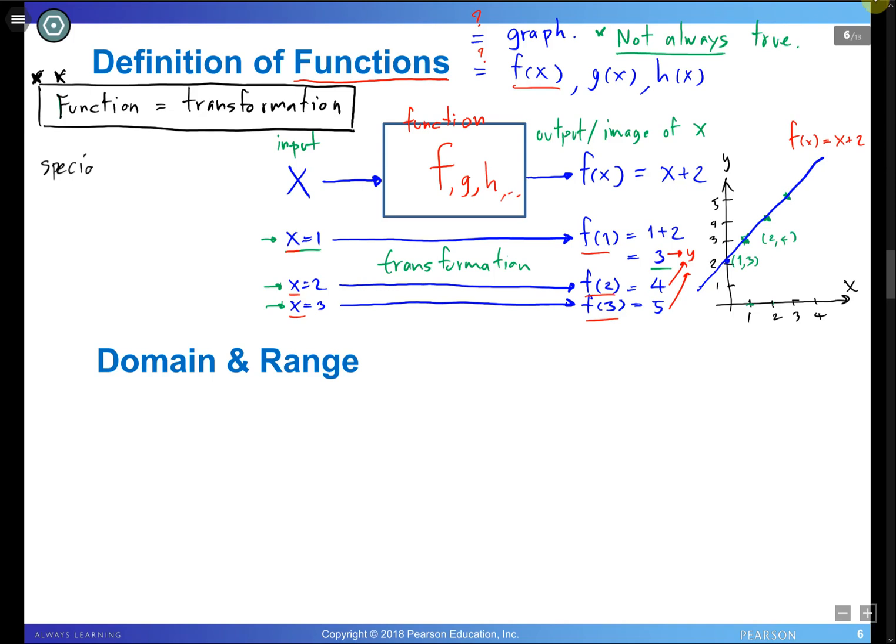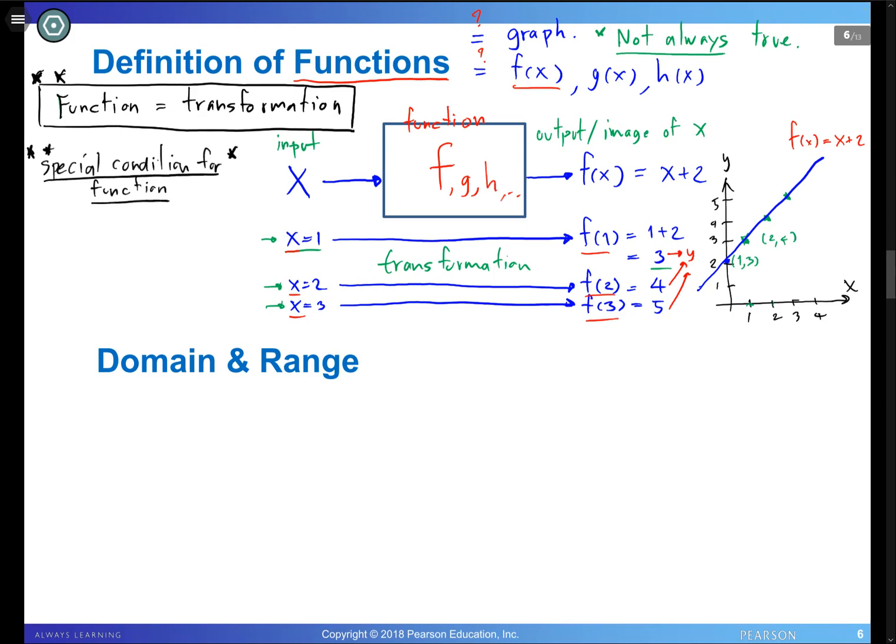Special condition for function. Okay, very important. Put some stars here. Okay, and I'm going to underline this. So this is going to be the condition that we need every time we see a function.